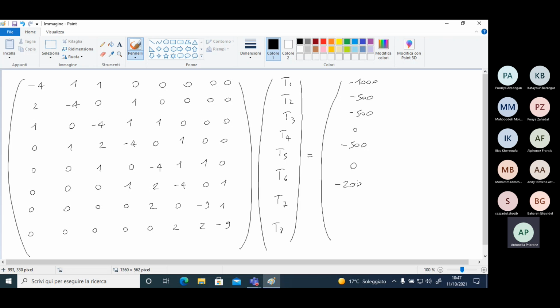Zero. This is simply the coefficient, the vector of the unknown, this is what I want to estimate, the vector of the temperatures, and by using a standard method for inversion of the matrix, I obtain the temperature that now I write to you. But here is simply to put in order the equations.